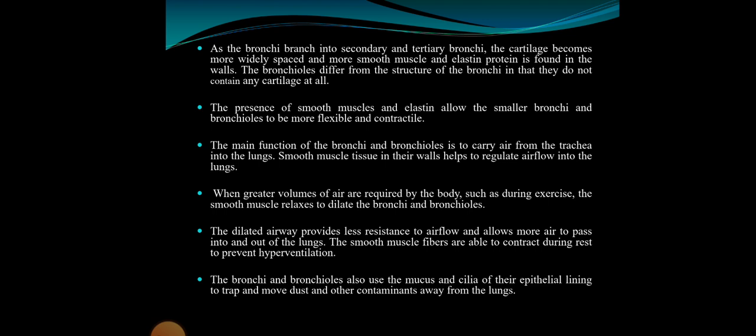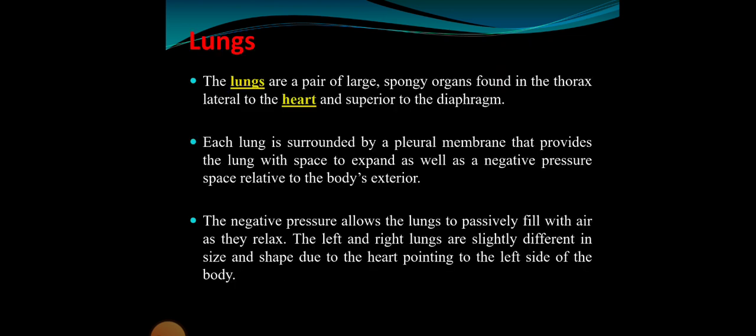The smooth muscle fibers are able to contract during rest to prevent hyperventilation. The bronchi and bronchioles also use the mucus and cilia of their epithelial lining to trap and move dust and other contaminants away from the lungs. And next one is lungs.